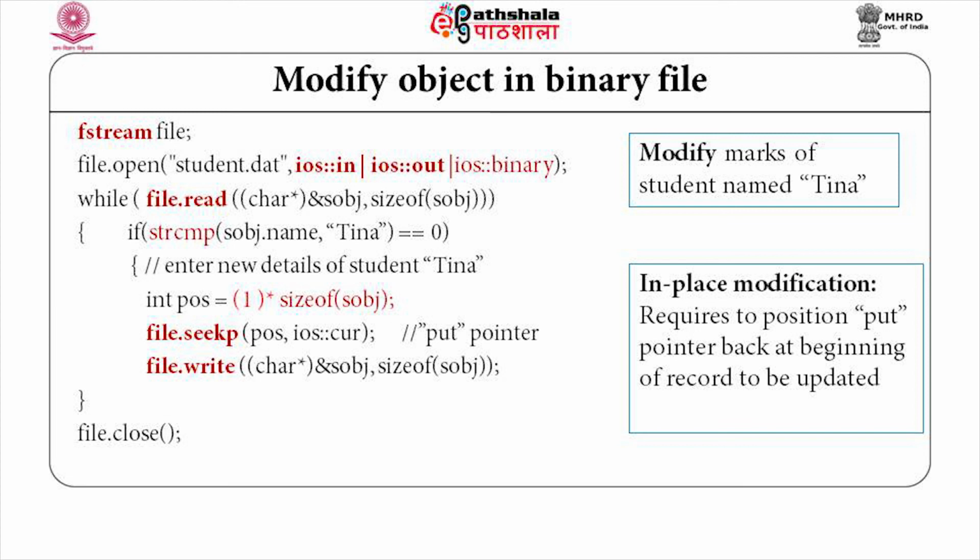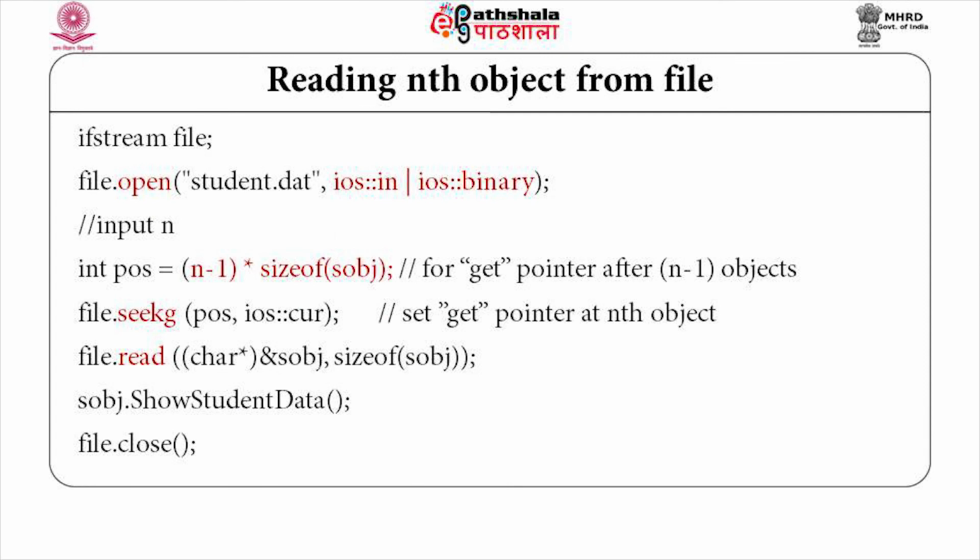That means, for the 11th record, 480 bytes are to be skipped. My position should be at 480 in that case. And for that we say position is equal to (n minus 1) into sizeof(obj), then we use seekg for setting the get pointer from where we want to read.